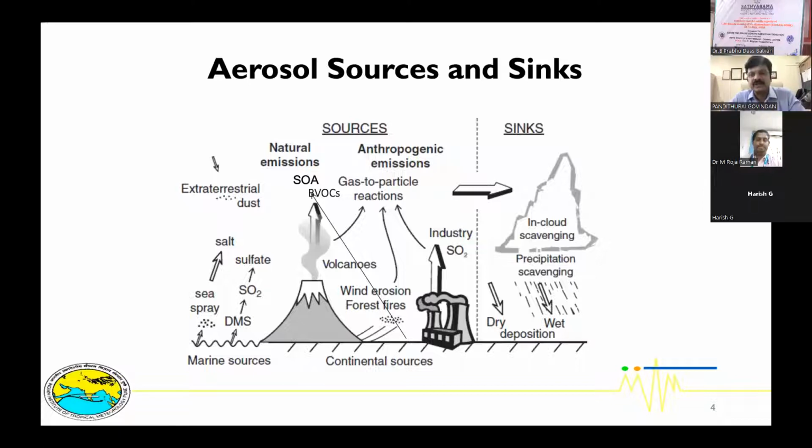And in addition to that, there could be other sources like industrial emissions, which lead to anthropogenic emissions of aerosol particles. And when we come to sinks, both dry and wet deposition, where wet deposition includes precipitation scavenging and in-cloud scavenging.